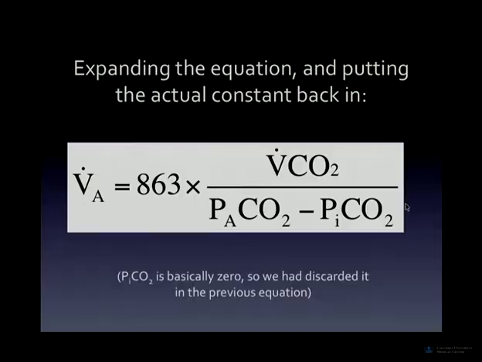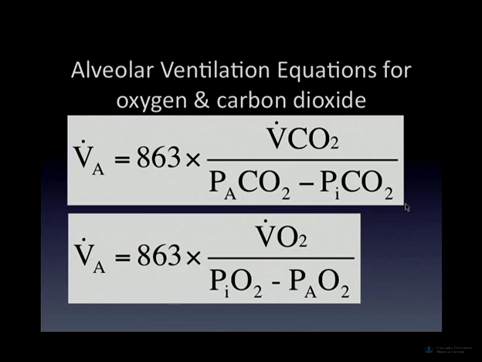And we're going to put it back here for a moment so that we can compare the equations for carbon dioxide and for oxygen, because this alveolar ventilation equation works for both. And now that we've created these parallel equations, we can get rid of that PiCO2 because it really is essentially zero.